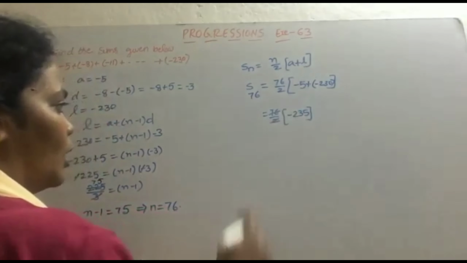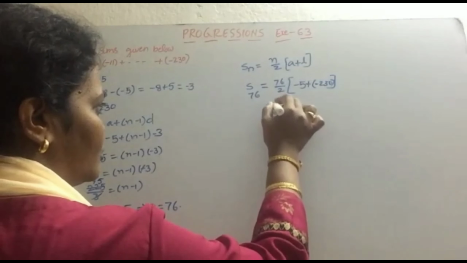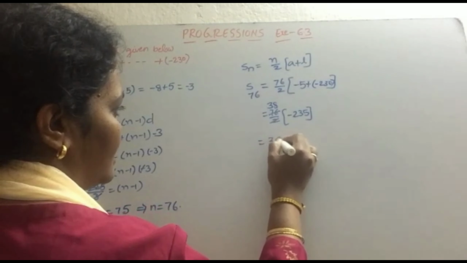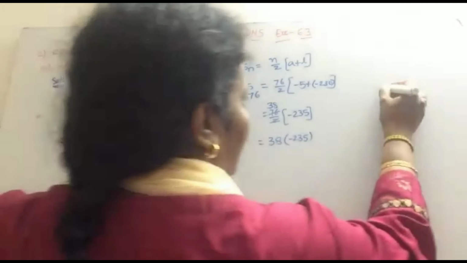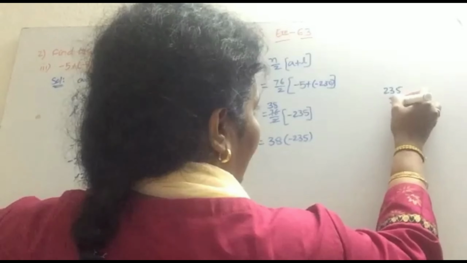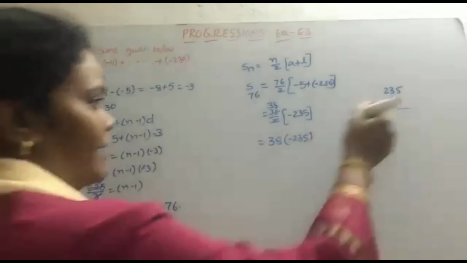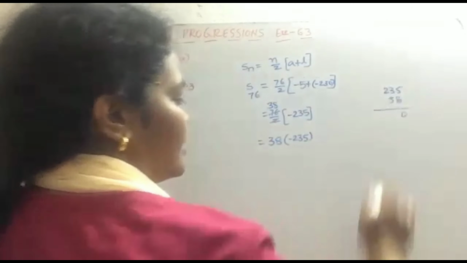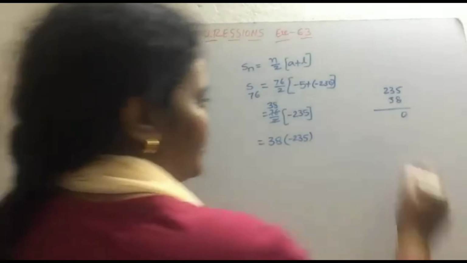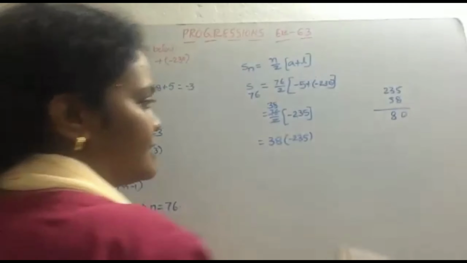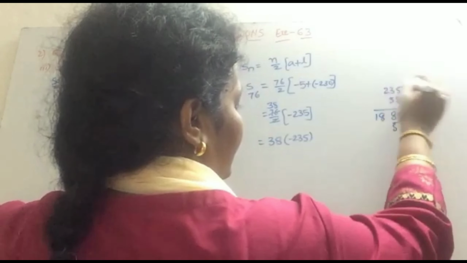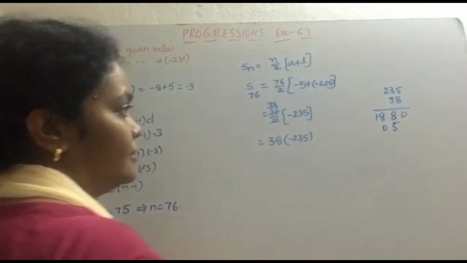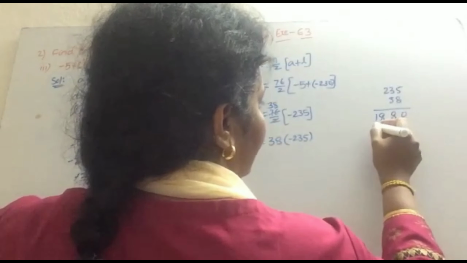So 38 into minus 235. So 235 into 38. 8 5s are 40, 8 3s are 24 plus 4, 28, 8 2s are 16 plus 2, 18. So 3 5s are 15, 3 3s are 9 plus 1, 10, 3 2s are 6 plus 1, 7.